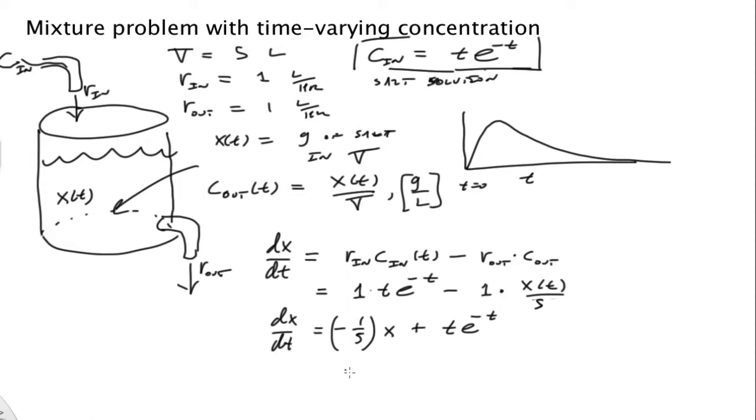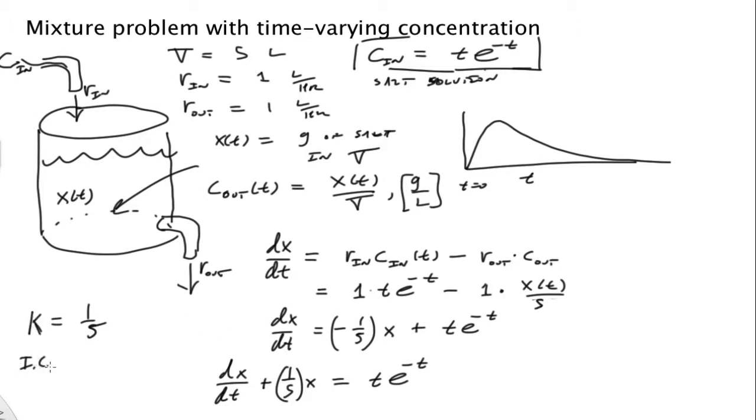Let me back up a second just to get my notation right. What we want to do is find the linear part of the differential equation. The linear operator involving only x will be plus 1/5 x equal to t e to the negative t. This parameter, we can think of that as our k, which is equal to 1/5.